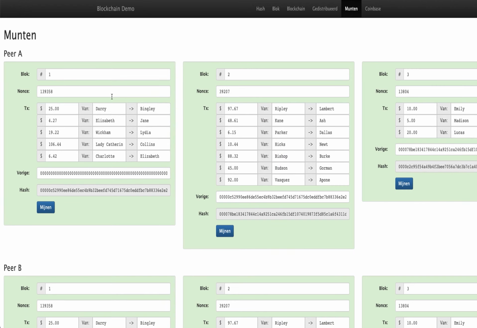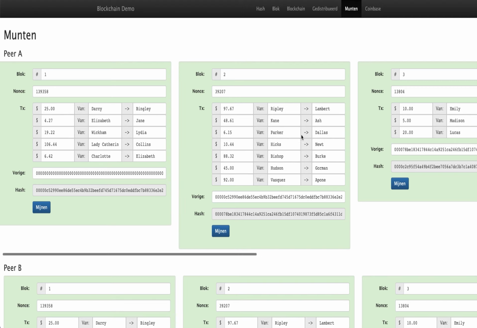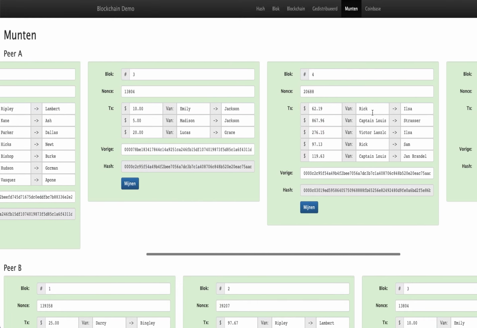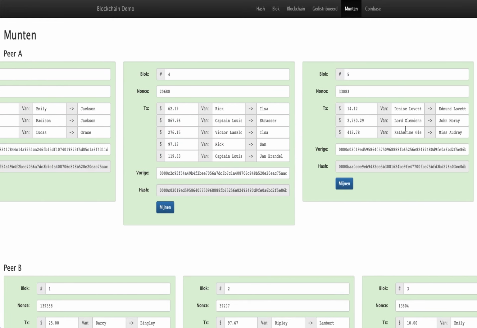So in the previous chains we could input all kinds of data we want. In this chain we can only put in transactions, and there are only transactions in it, so you can see only transactions and no balances.